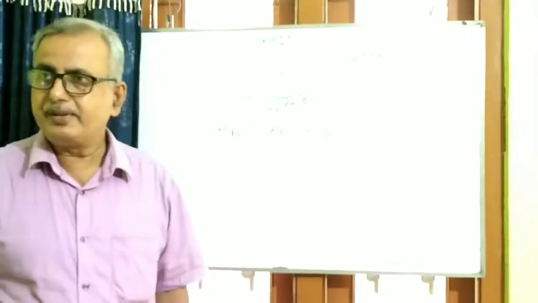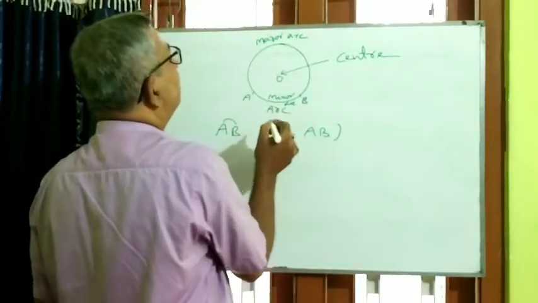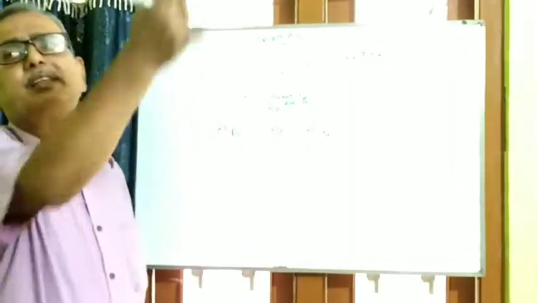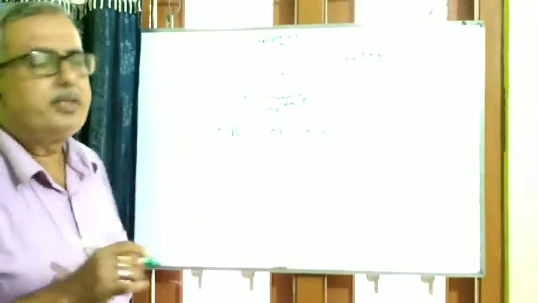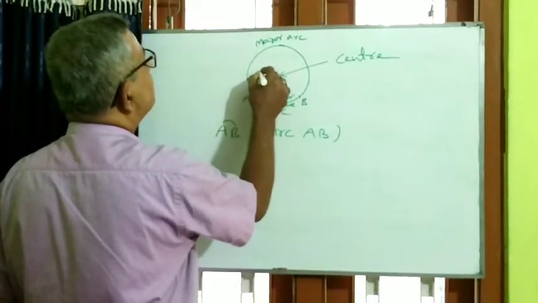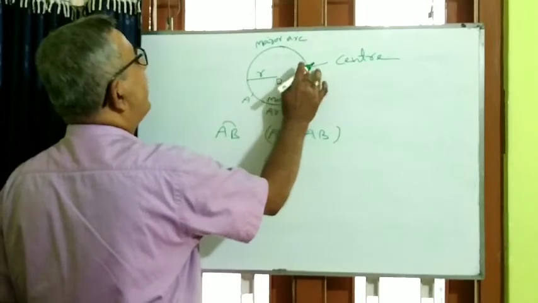Understand? Now, the distance between the center and a point on the circumference is called the radius. So this is called the radius. In class 9 also you might have been taught.